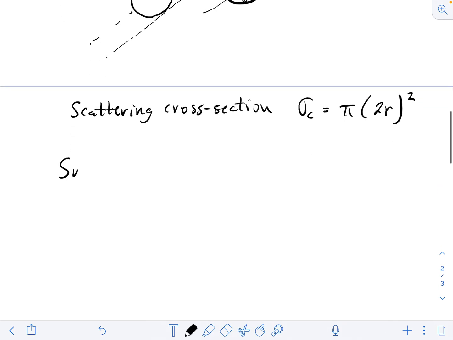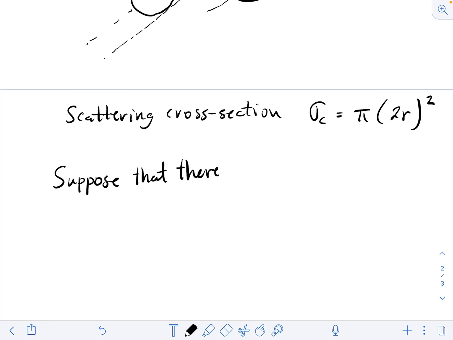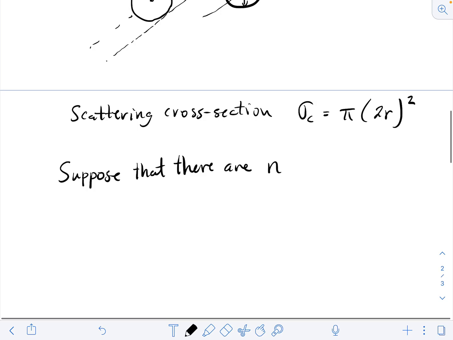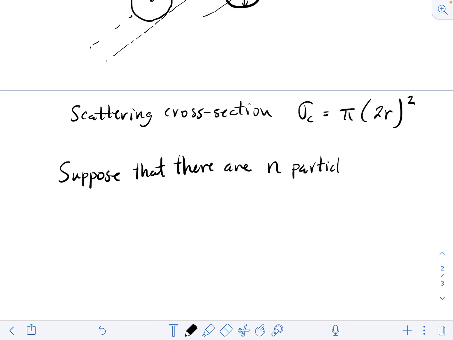Okay, so let's suppose that we have a system where there are little n particles per unit volume. So it's a number density, little n particles per unit volume.